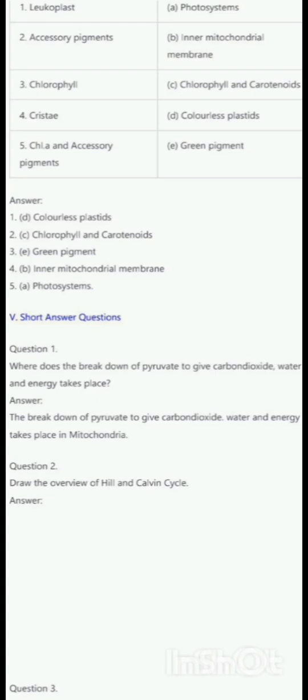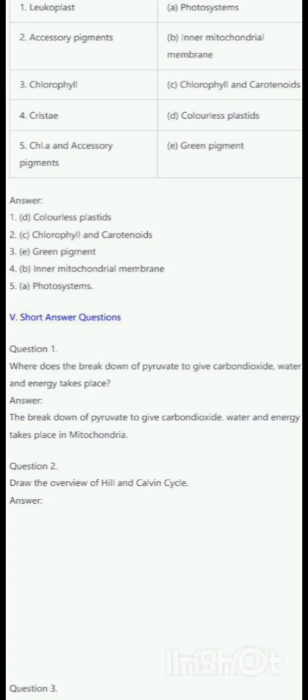E. Green pigment. Answer: 1. D. Colorless plastids. 2. C. Chlorophyll and carotenoids. 3. E. Green pigment. 4. B. Inner mitochondrial membrane. 5. A. Photosystems.